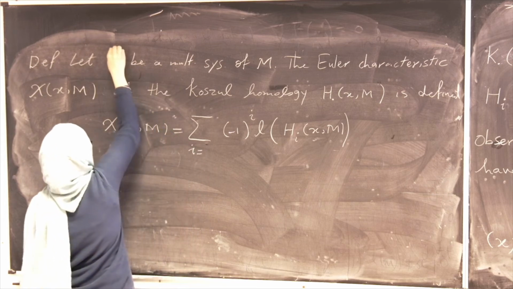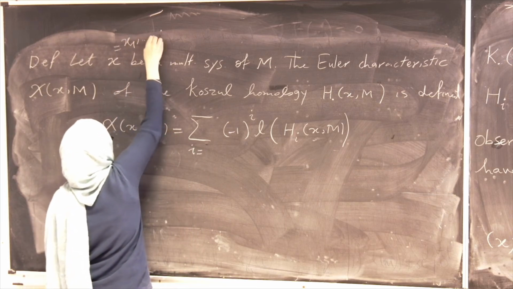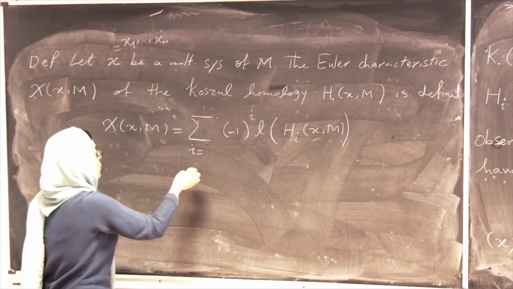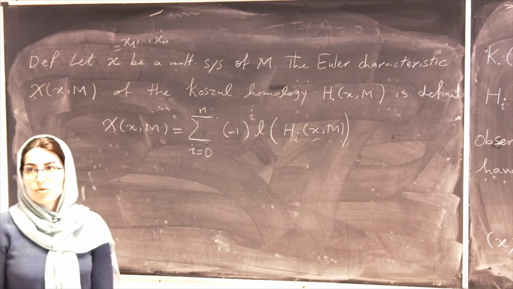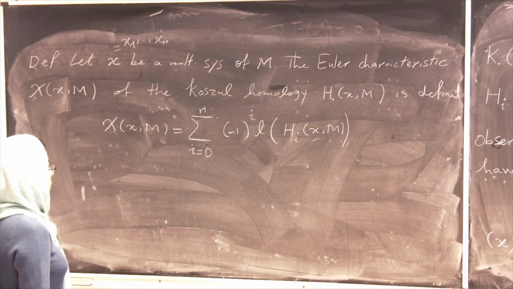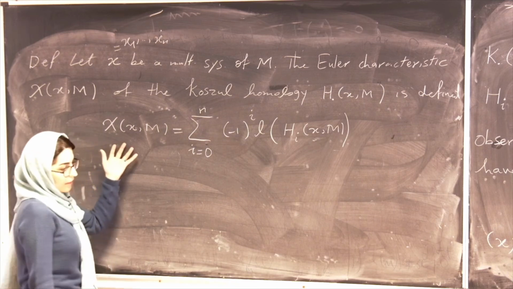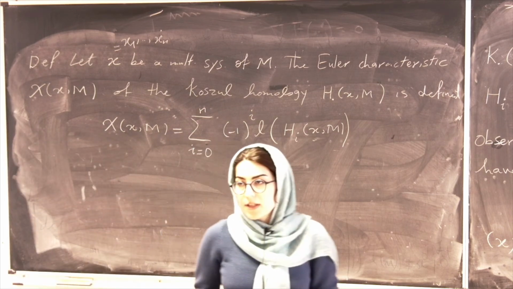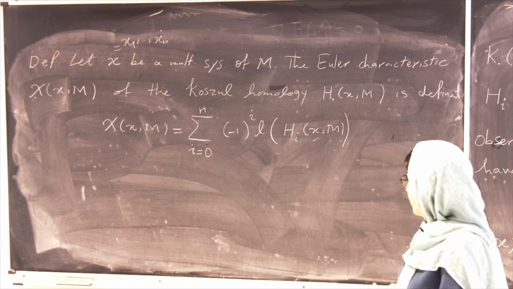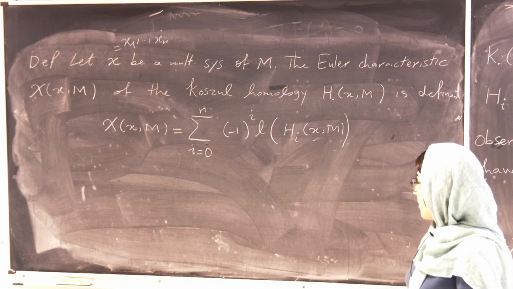Let this x have length n. So the Koszul complex also has length n, and this sum goes from 0 to n. This we call the Euler characteristic of the Koszul homology. It is defined in terms of the lengths of Koszul homologies.